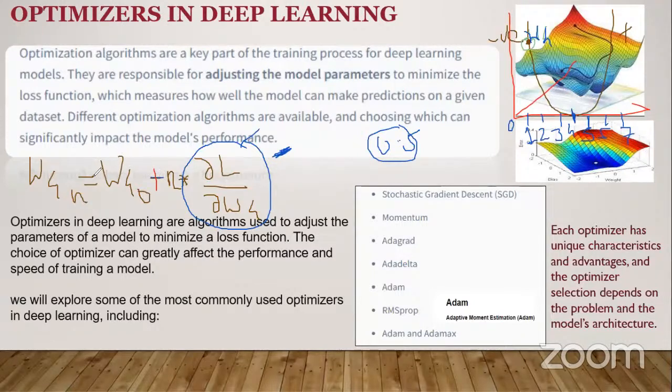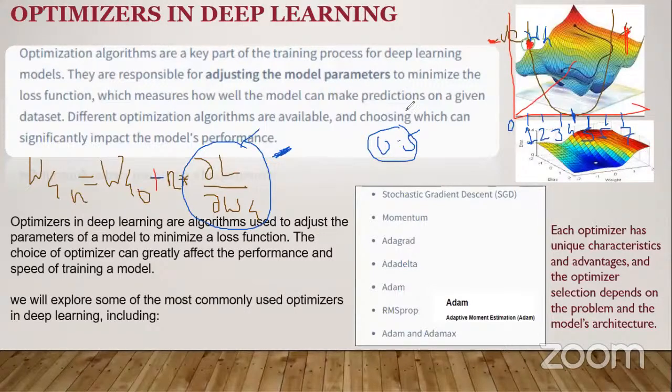So whatever my old weight was, I am trying to add to it for the new weight. Let's understand from a graphical point of view why we need to add. If I am at this point, this is my old weight, and this is the negative side, and this is the positive side.